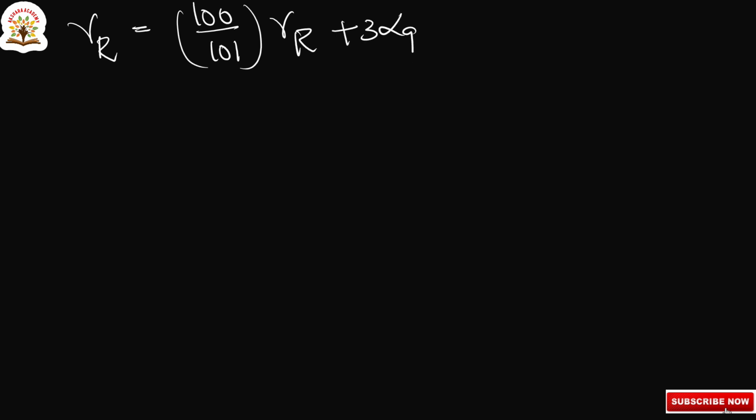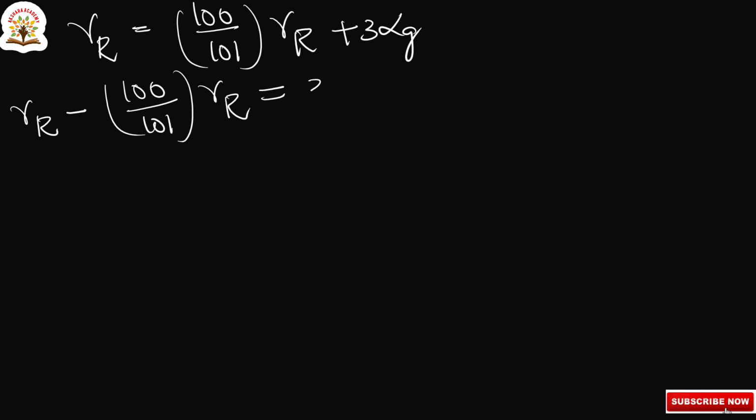Now we are substituting: gamma R is equal to 100 by 101 of gamma R plus 3 alpha g. Now we write this as gamma R minus 100 by 101 of gamma R is equal to 3 alpha g.